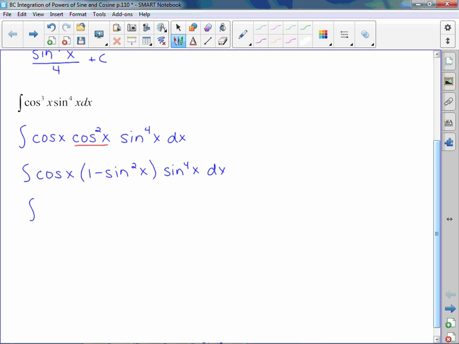Because I'm going to use a u that has a sine in it, I'm going to move this cosine next to my dx and distribute the sine to the 4th through the parentheses. So sine to the 4th times 1 is sine to the 4th minus sine to the 6th, and that's times cosine x dx.